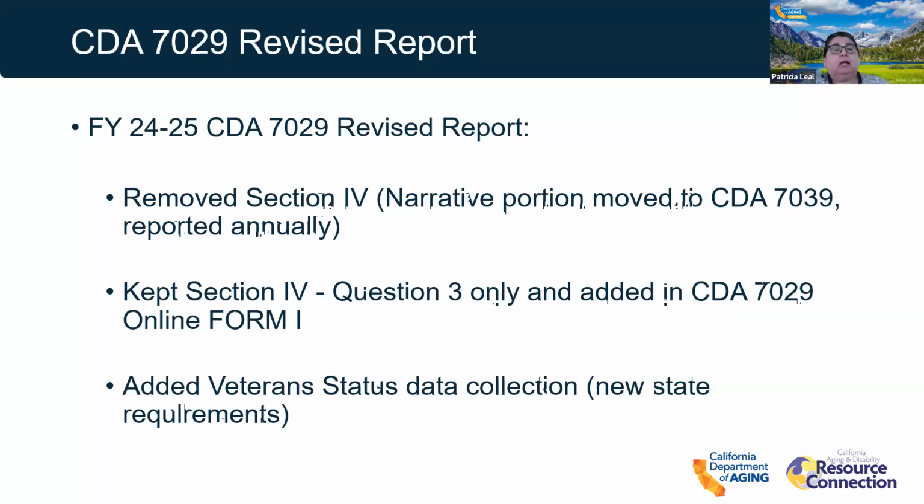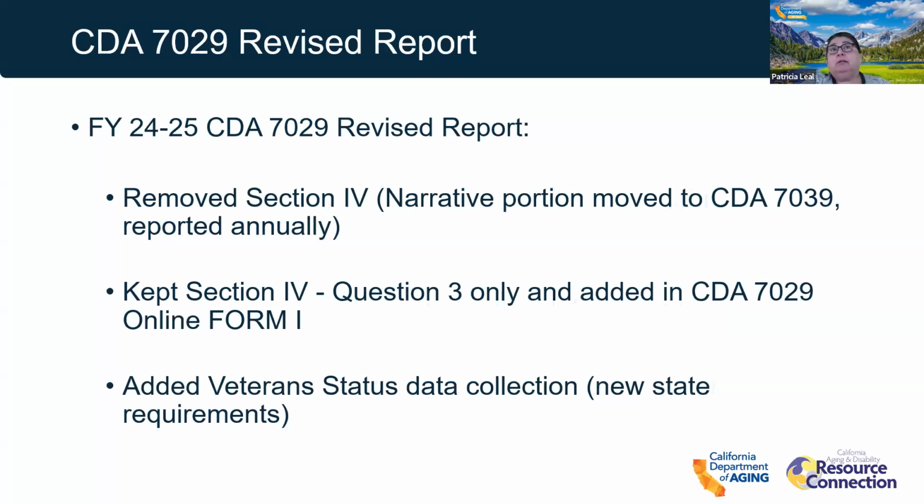We kept, from section 4, question 3 only, and it was added to the CDA 7029 online form 1. And also we have added the veteran status data collection, which is a new state requirement.